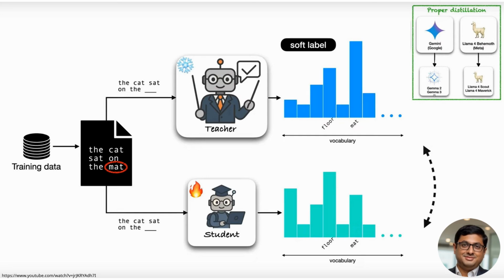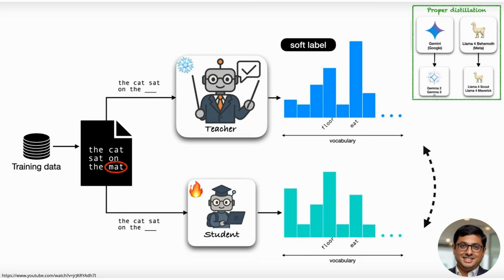This slide explains proper distillation in LLM training. Imagine the teacher model is already fully trained. At each training step, we take a sample document and have both the teacher and student predict the next word in a sequence. For example, when predicting the word mat, both models generate a probability distribution across the entire vocabulary for what the next word could be. The teacher's output is called a soft label.